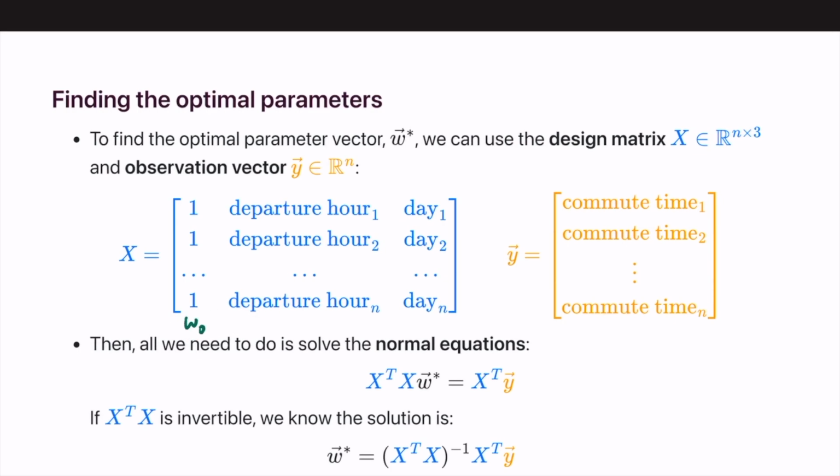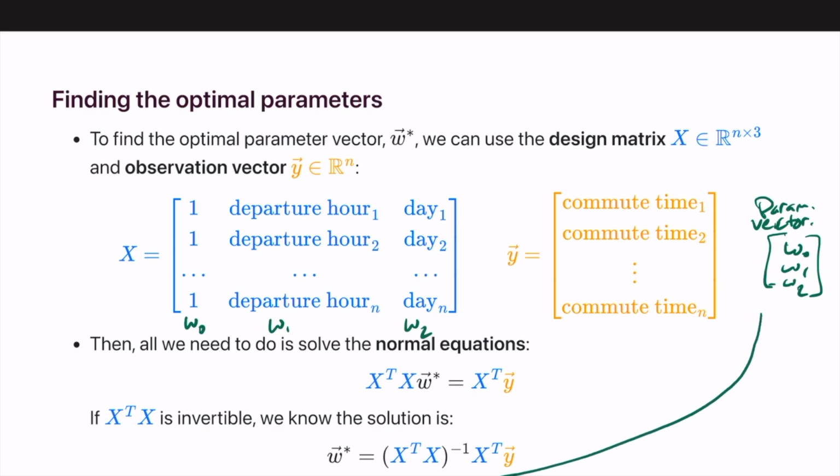We have our w0, w1, w2, and that corresponds to our parameter vector. So these are the changes that need to be made to our setup in order to solve for the normal equations, which will give us our W star. So this is what we're trying to figure out.